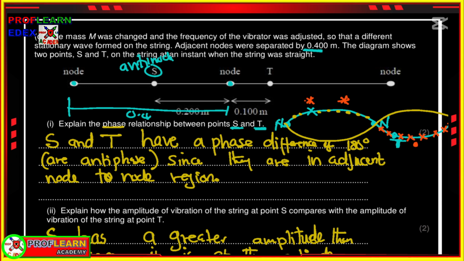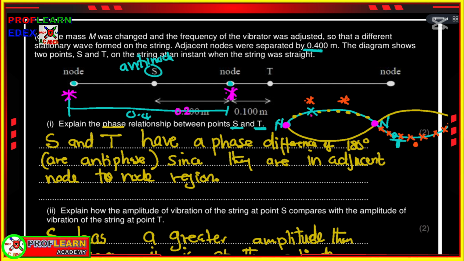So basically what I decided to do, I decided to draw a representation of whatever string that we are having here. So where we have a node and where we have the next node, because we are told we have a node at this point and we have another node at this point. So S is 0.2 meters from this node.